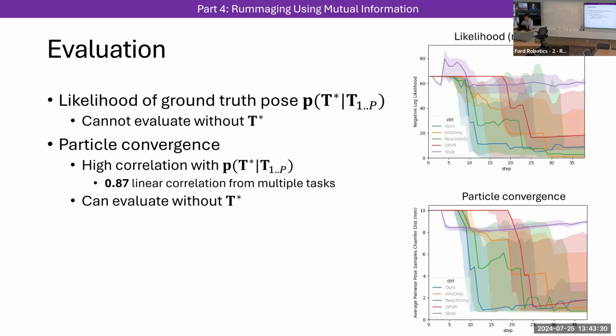And we experimentally note that in simulation, we have high linear correlation between the negative log likelihood of the ground truth pose and the pose particle convergence. We have a 0.87 out of a possible 1. And so this can be evaluated without the ground truth pose, which is why we use this as a termination condition.